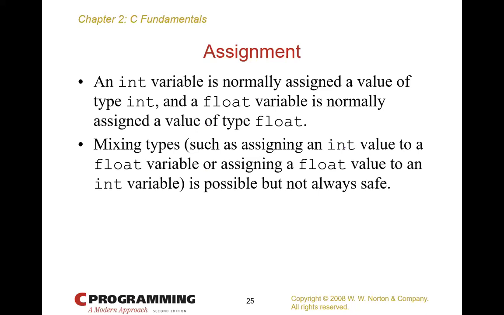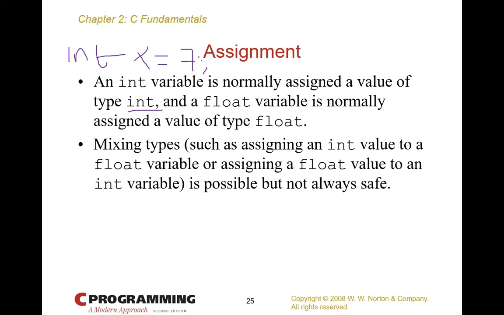An integer variable is normally assigned a value of type int. That means if you say a variable x is an integer, then normally what you should assign to it should also be an integer value, not a floating point.